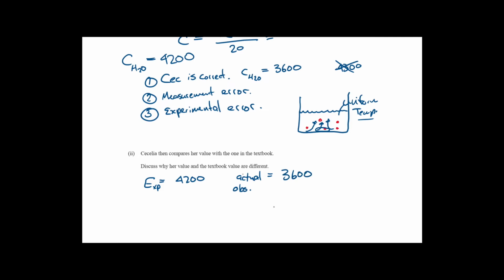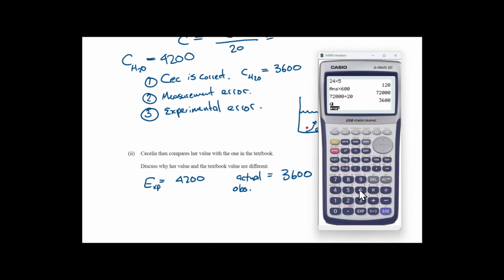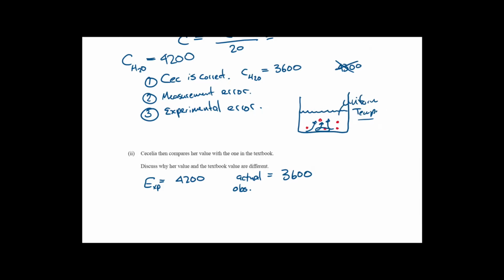Now that's a lot. That's 600 divided by 4,200, a 15% error. There's probably a problem here. Science loves when you can disprove something, but you're going to need a lot better evidence than that to disprove the specific heat capacity of water.